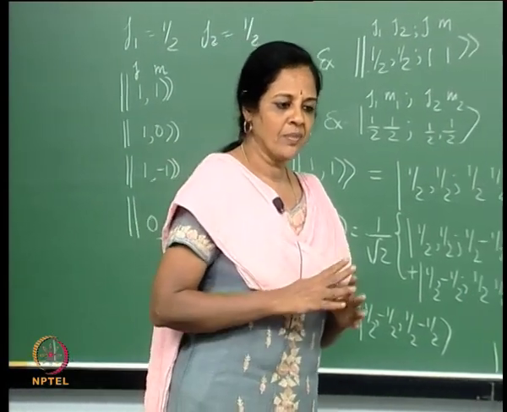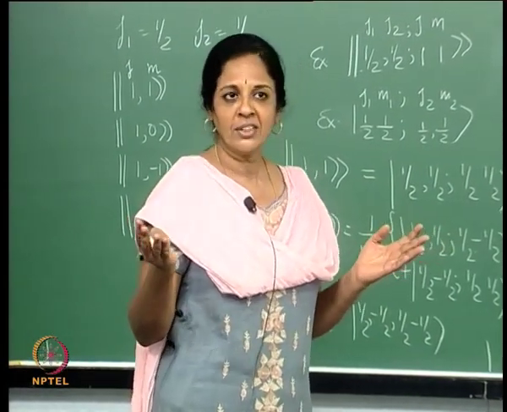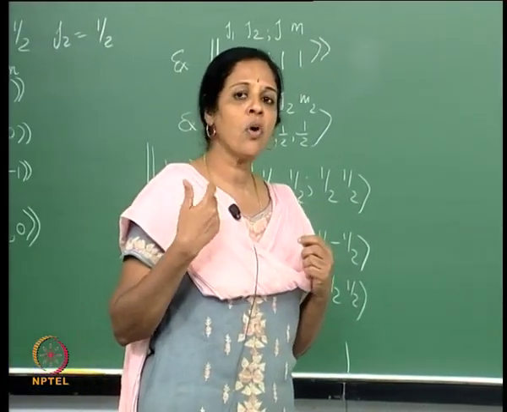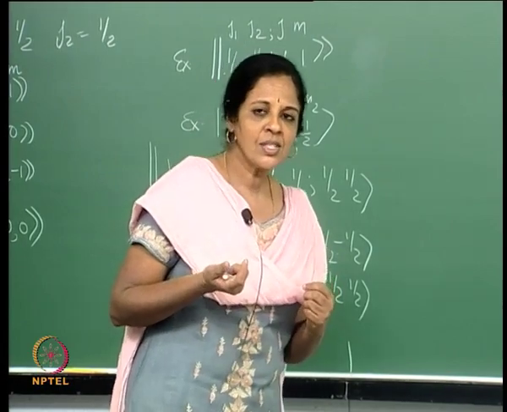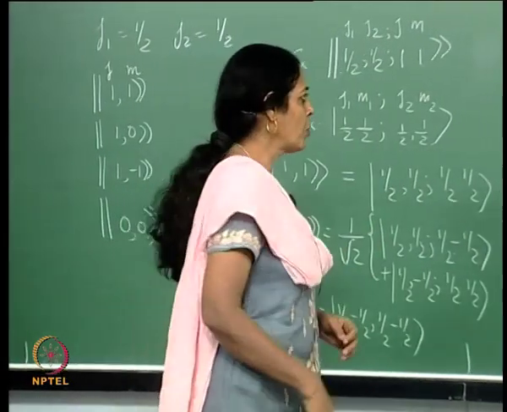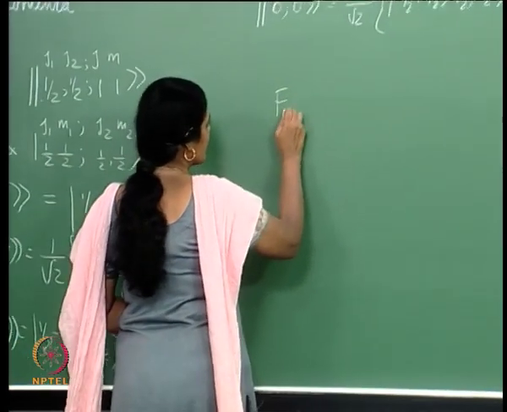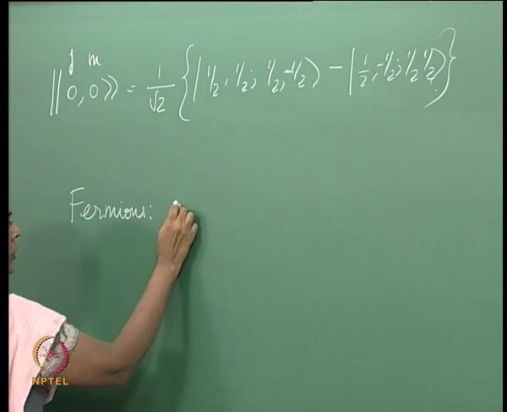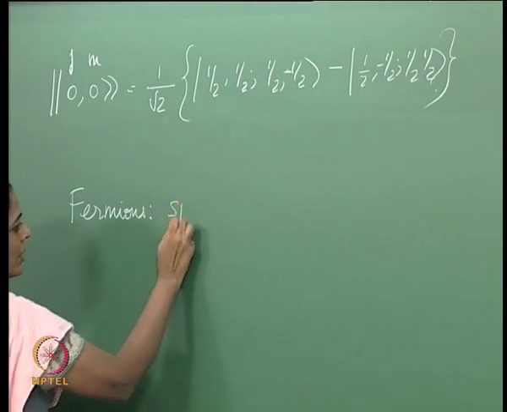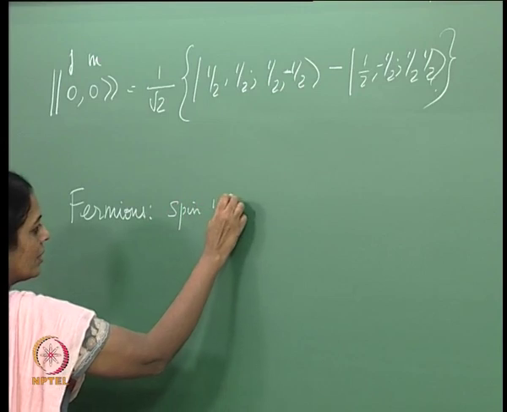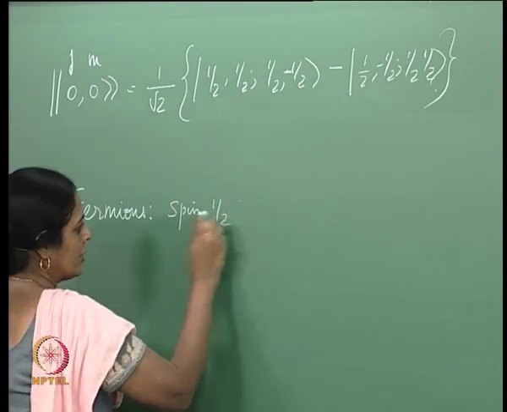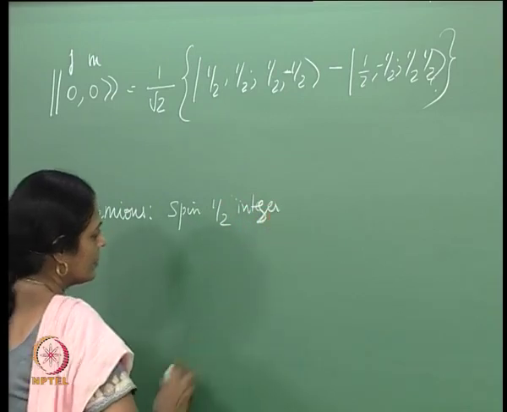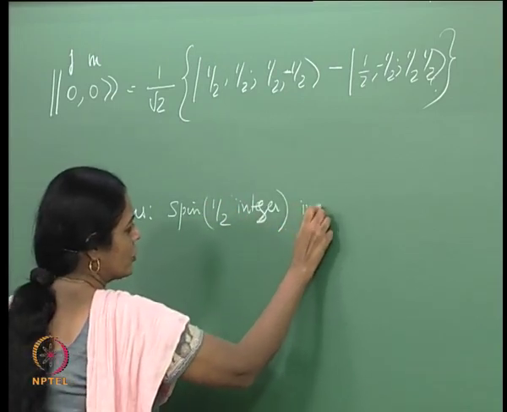In fact, there is a wide variety of particles, and depending upon the spin quantum number of the particle, particles are classified as fermions and bosons. Fermions are particles which have half integer spin in units of h cross.